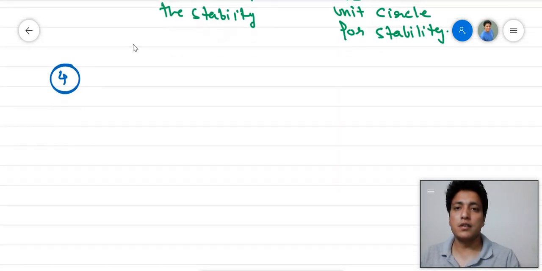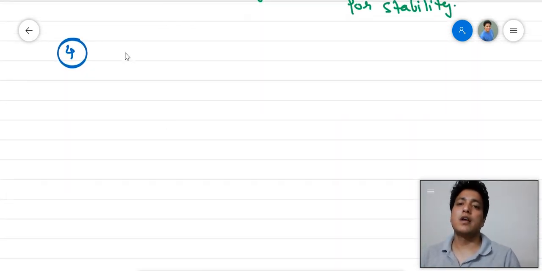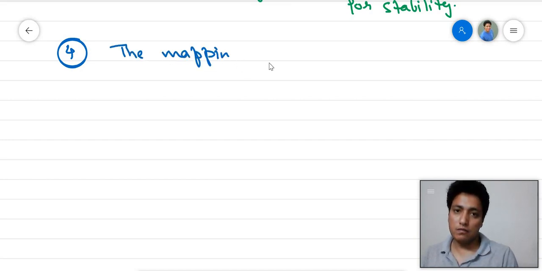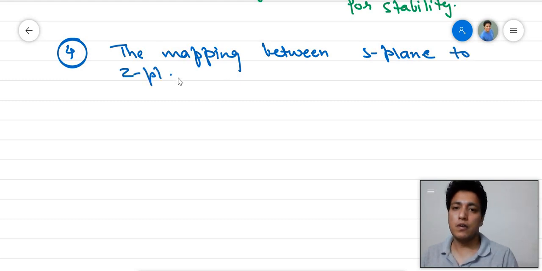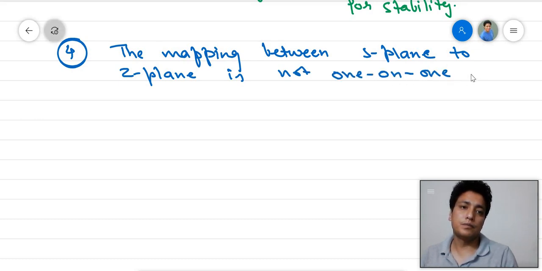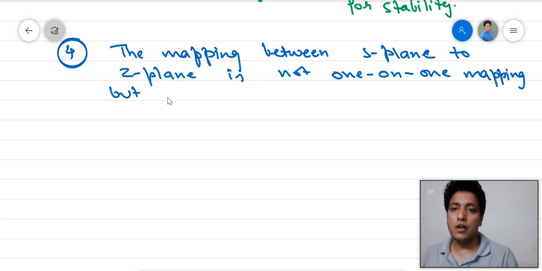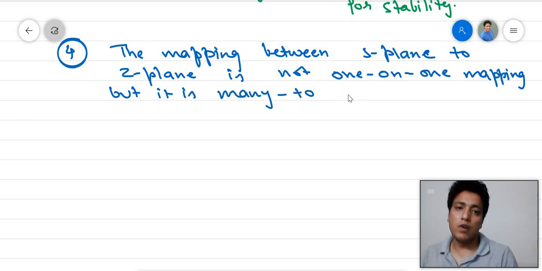Now the 4th observation is that the mapping between S plane to Z plane is not one-on-one mapping, but it is a many to one map.